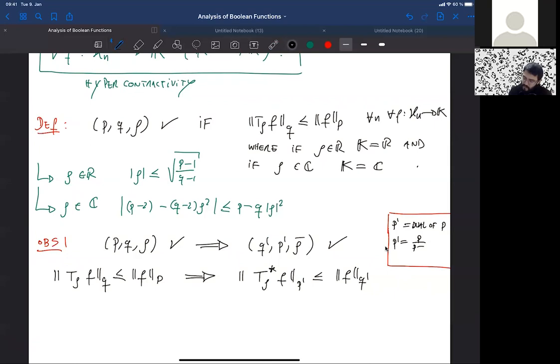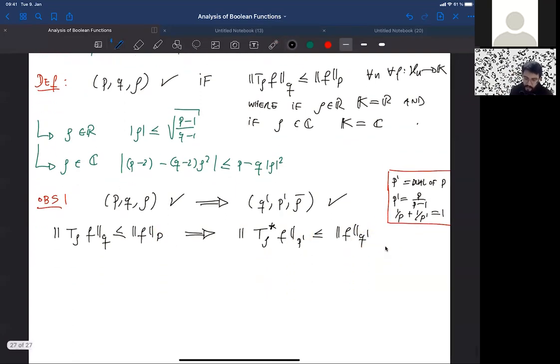The formal definition is the one that satisfies this equation. And so you flip, you put the p′ here and you flip the p′ here.